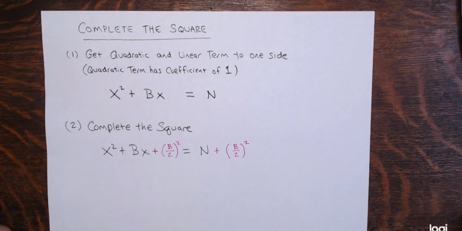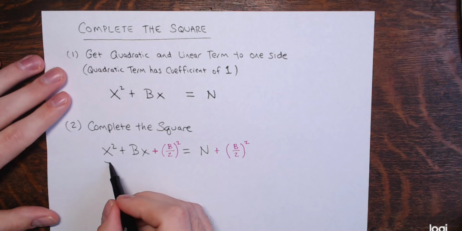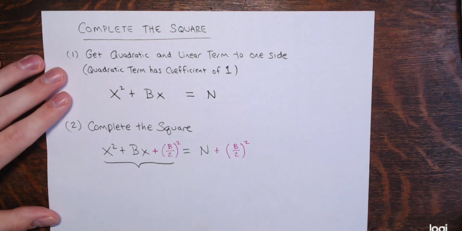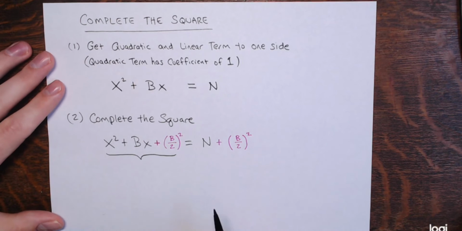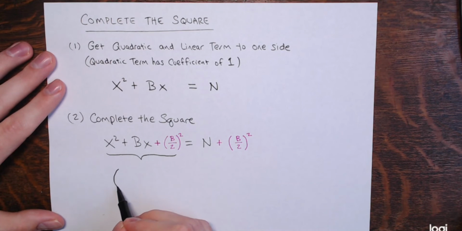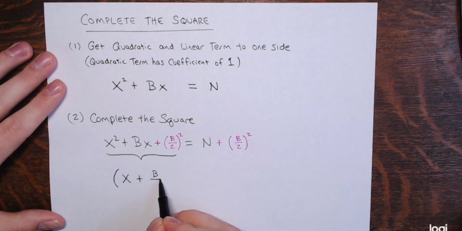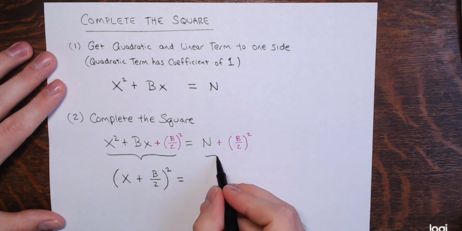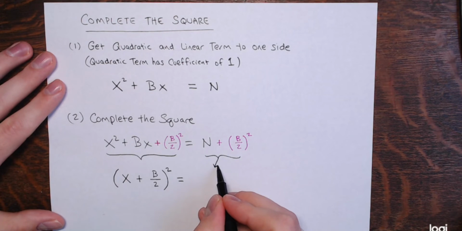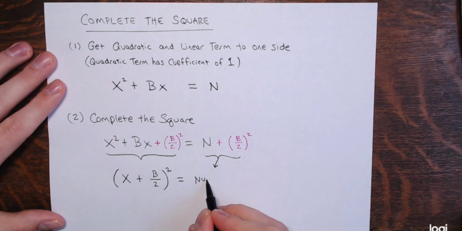Now the whole reason for that is so that this left side becomes a perfect square trinomial. You should be able to rewrite it as x plus whatever half of b was, that quantity to the second power, equals some constant over here.